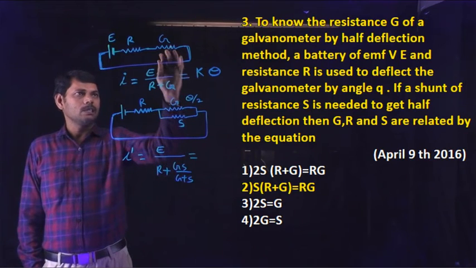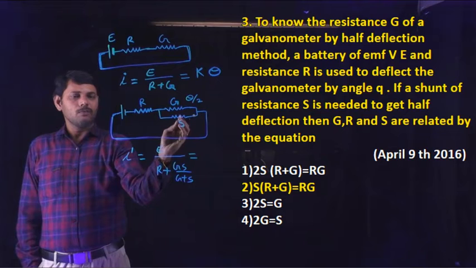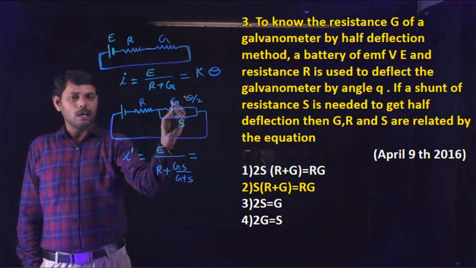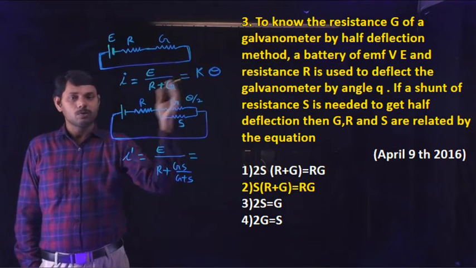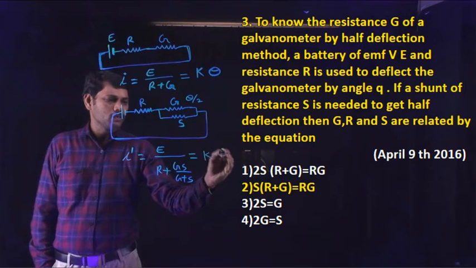If theta is the actual deflection, then by connecting a parallel resistance S to the galvanometer, the deflection reduces to half value. Then I dash is equal to K into theta by 2.